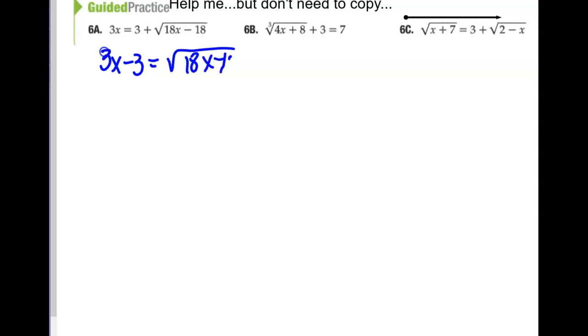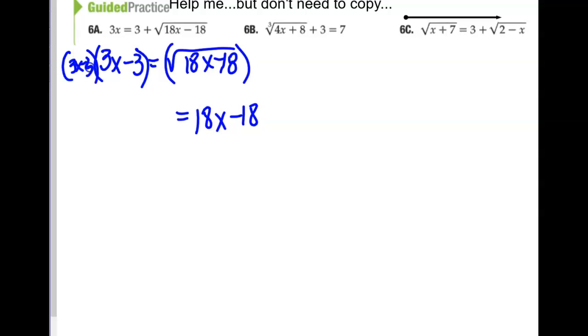Now we can square both sides. Everybody with me here? Okay, what do I get on the right? 18x minus 18. But over here, I have to multiply 3x minus 3 times 3x minus 3. 9x squared, minus 9x, minus another 9x, so we get minus 18x.